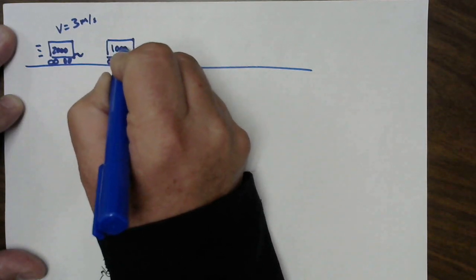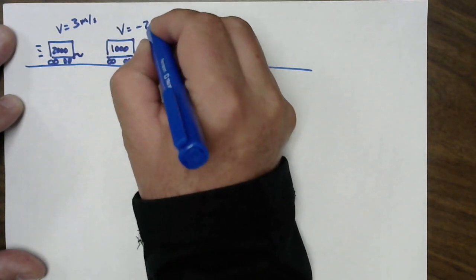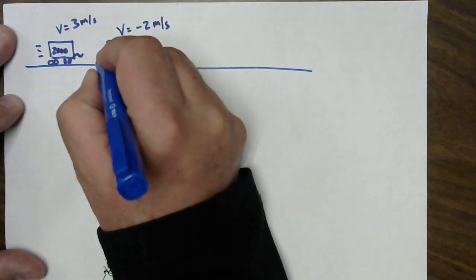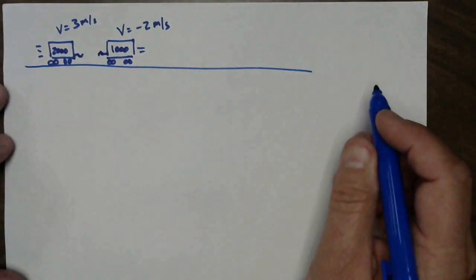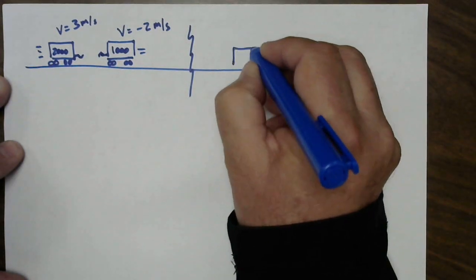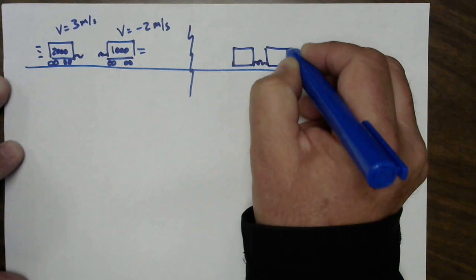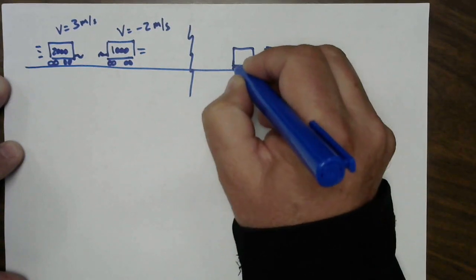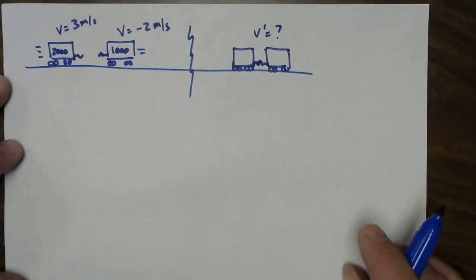This is a 1,000 kilogram boxcar, and it's going at minus 2 meters per second. All right, this shouldn't happen in a rail yard, but there you go. They're going to lock together. And I would like to know, what is the velocity afterwards?